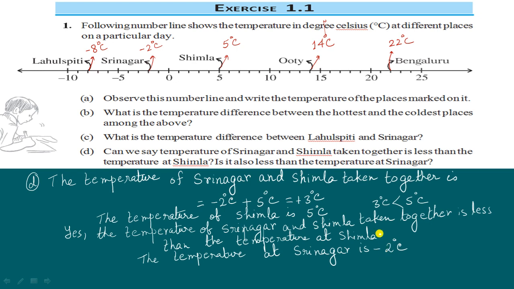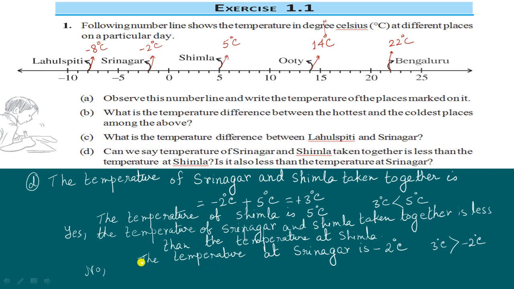The temperature at Srinagar is minus 2 degrees centigrade and the temperature of Srinagar and Simla taken together is 3 degrees centigrade, right? Since 3 degrees centigrade is greater than minus 2 degrees centigrade, therefore, is it also less than the temperature at Srinagar? No. The answer is no.